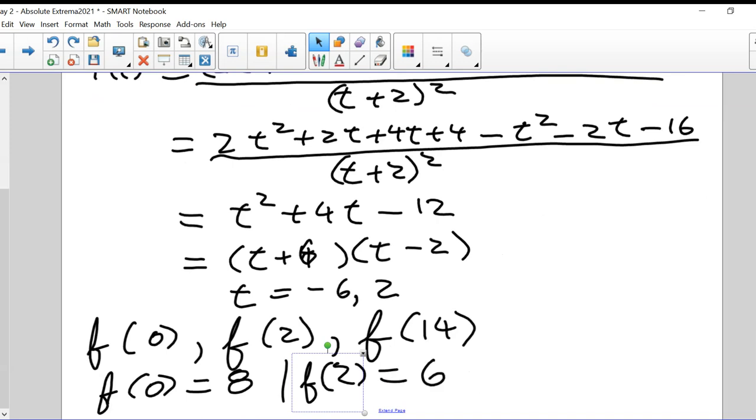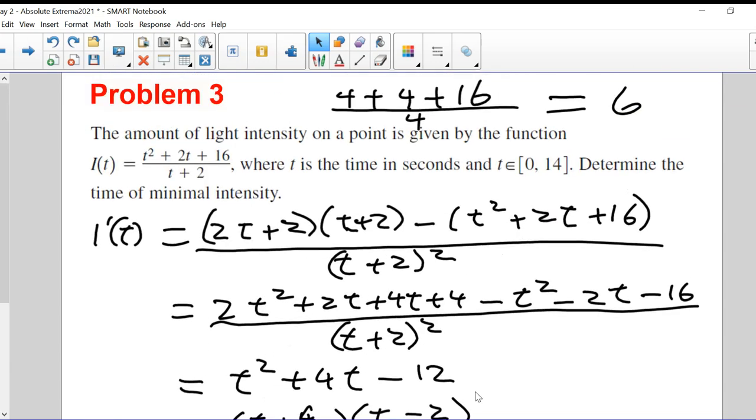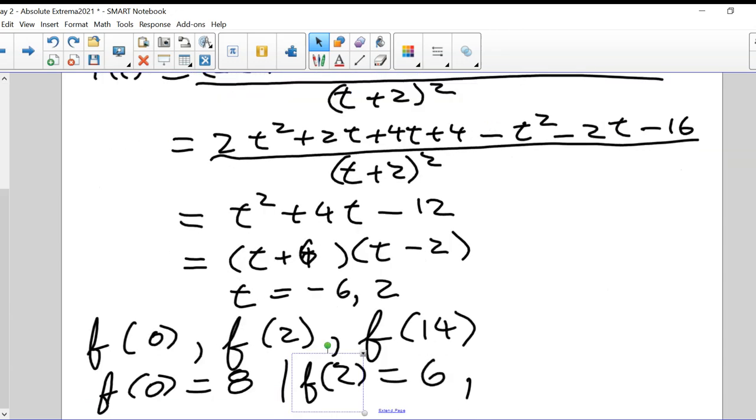And then f of 14. I remember we're looking for the minimum value. Oh geez, that's going to take a little time. Anybody have f of 14 quickly? 15 is what Carly says, okay. Thank you. F of 14 is 15. All right, I'll take your word for it.